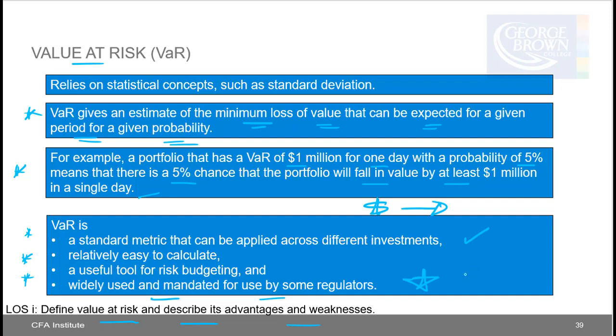One of the tips that I would say is open up any annual report for a Canadian bank and type in the search functionality in the PDF document value at risk, and you'll see that it's a big topic through any of the big Canadian banks' annual reports. So the advantages: standard metric, easy to calculate, useful tool, and it's widely used and mandated by some regulators. Next, we're going to look at some of the weaknesses, and that will finish this video.